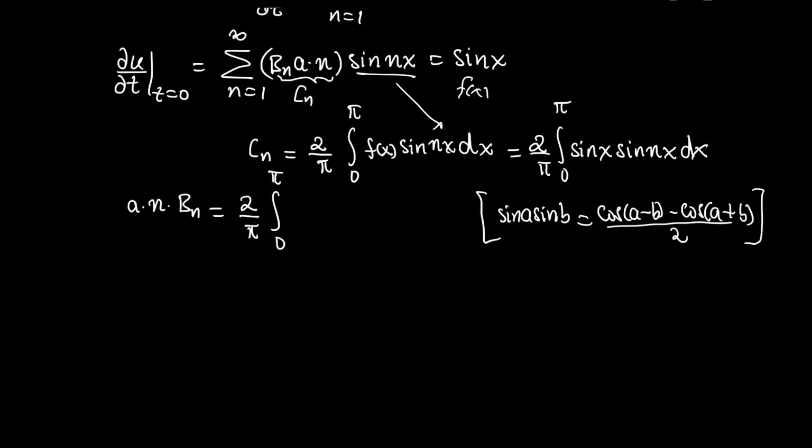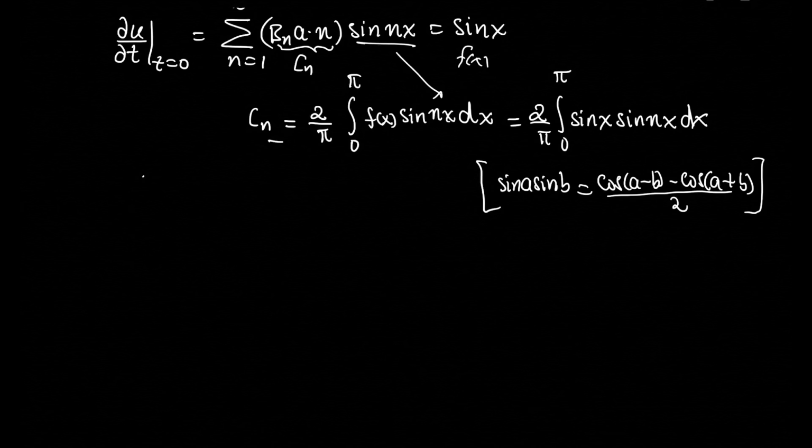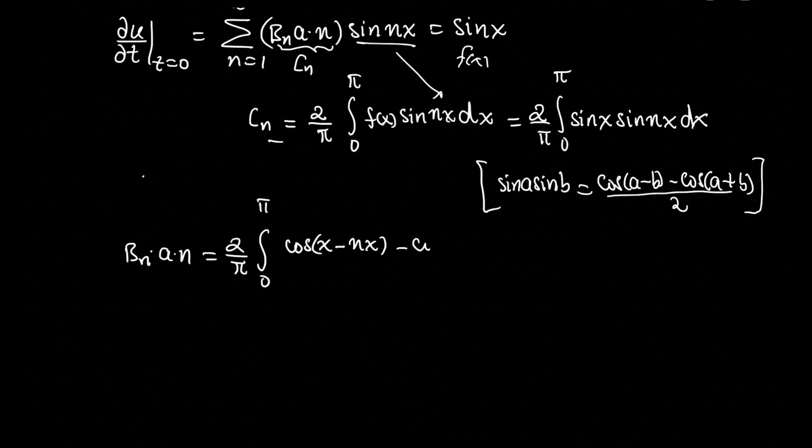I'm going to move to another line to give space. I have bn times a times n equal to 2 over pi, integral from 0 until pi, of cos of (x minus nx) minus cos of (x plus nx), divided by 2, dx.